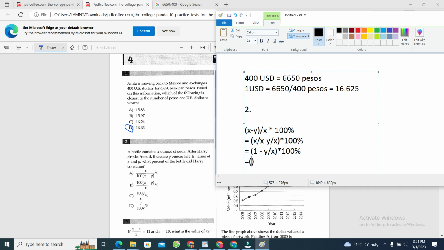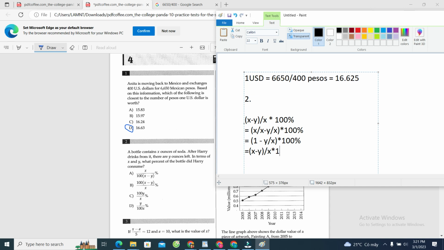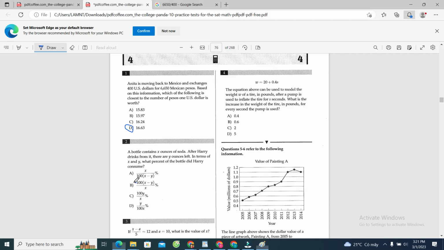That is X minus Y over X times 100%. So that is just 100 times X minus Y over X percent. So the answer should be B, right? B. Okay. Next.